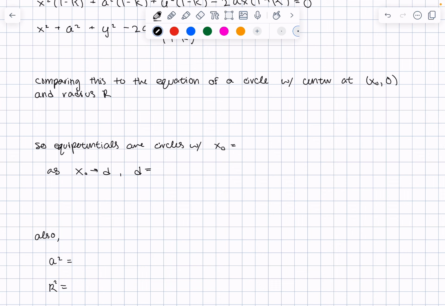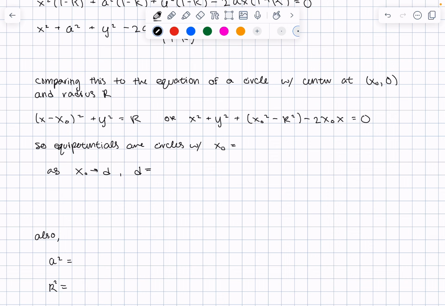And so that equation would be (x minus x naught) squared plus y squared equals r squared, or it could be rewritten as x squared plus y squared plus x naught squared minus r squared minus 2 x naught times x is equal to 0.